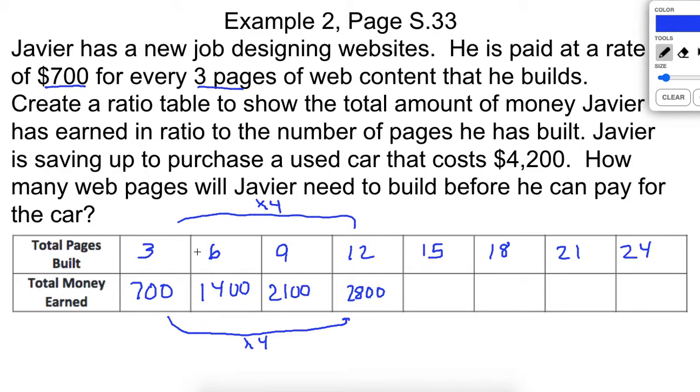So this one would be 3 times 5, or we can just add 700 to that, however we want to do it, whichever is easiest. I just know 7 times 5 would be 3,500, and then 7 times 6 would be 4,200 because it's 700 times 6.